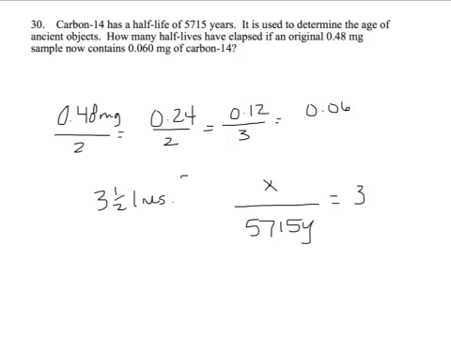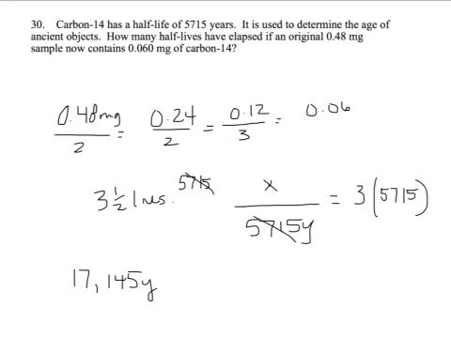So I would take both sides times 5,715 years. Okay, that's going to cancel. If I multiply 5,715 years by 3, my calculator is going to spit out 17,145 years.